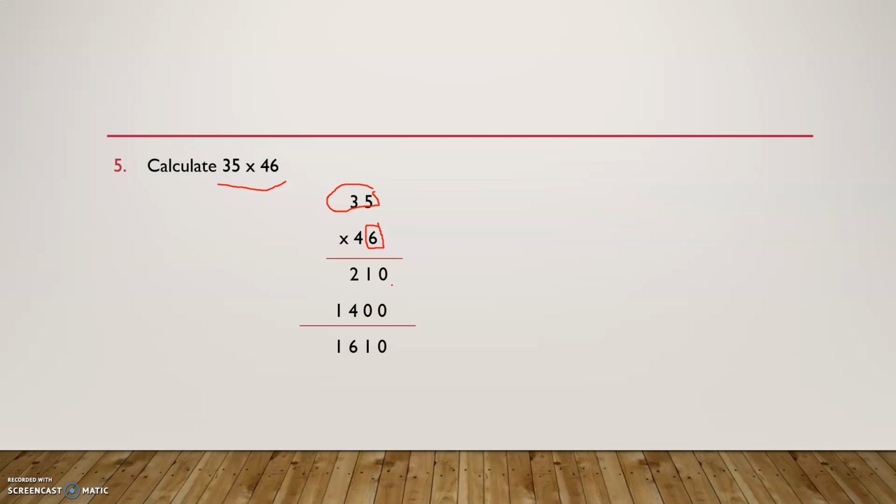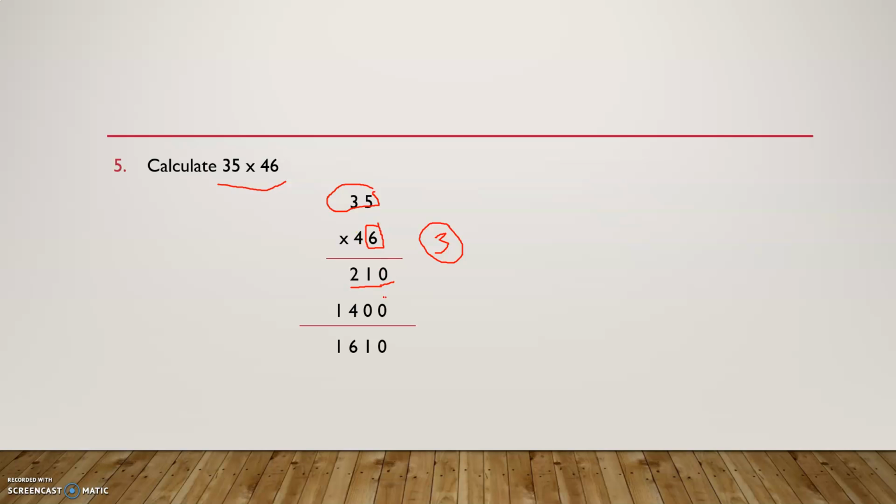Hence we write 0 under unit column. And then 6 times 3, which is 18. And then we go 3 carried from this column. So 6 times 3, 18, plus 3, which is 21. So that's 210.